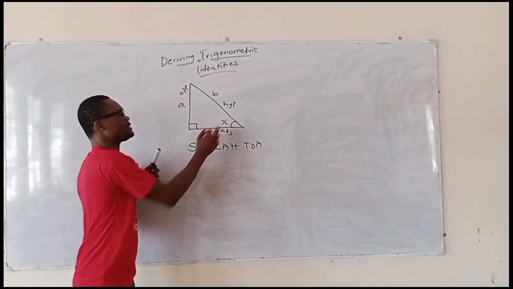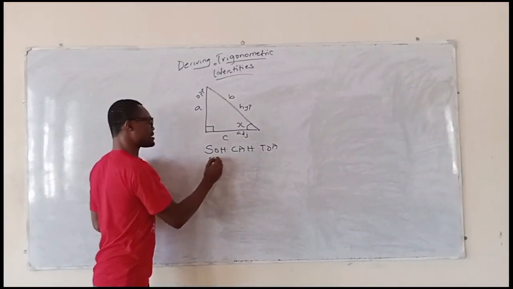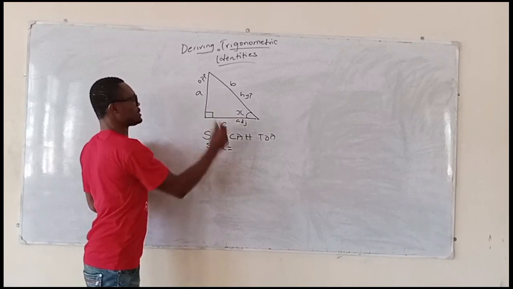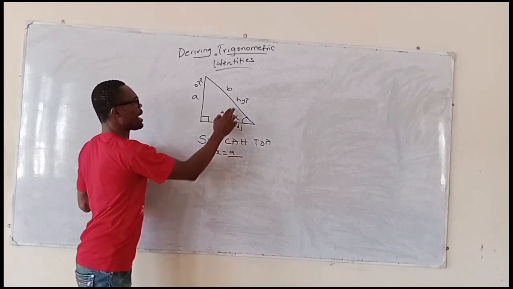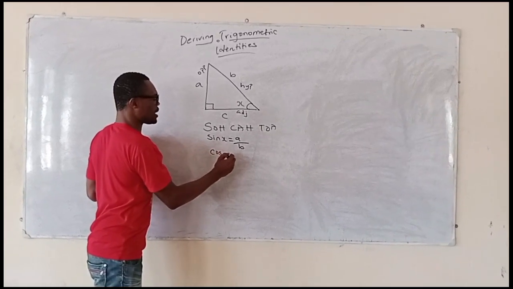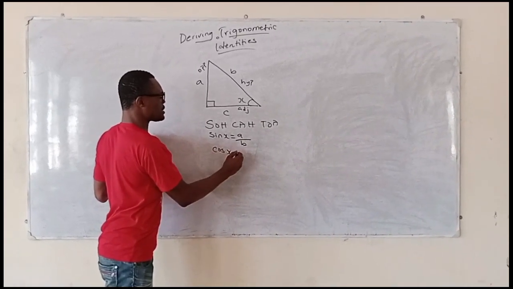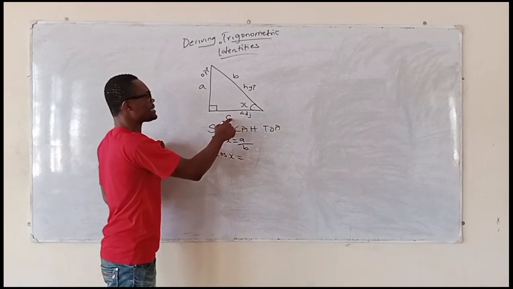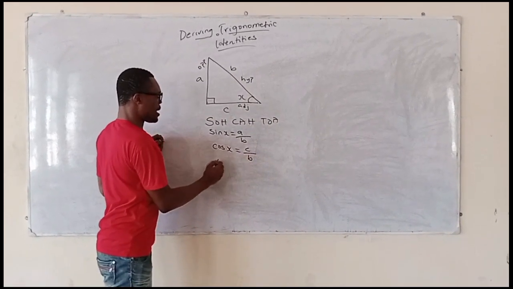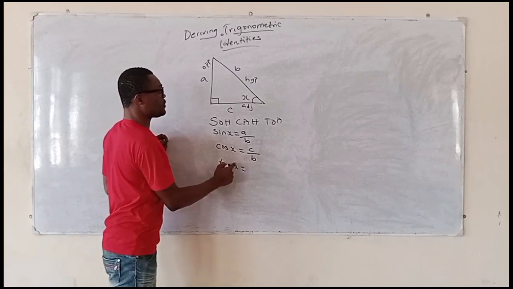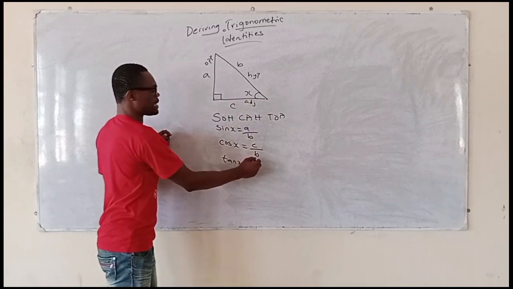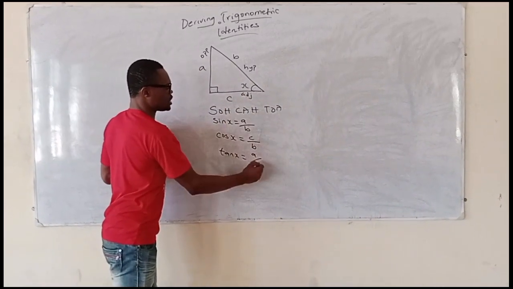The angle here is x, so sine x will be equal to the opposite over hypotenuse, that is A divided by B. Cos x is equal to adjacent over hypotenuse, adjacent is C, hypotenuse is B. Tan x is opposite over adjacent, that is A over C.